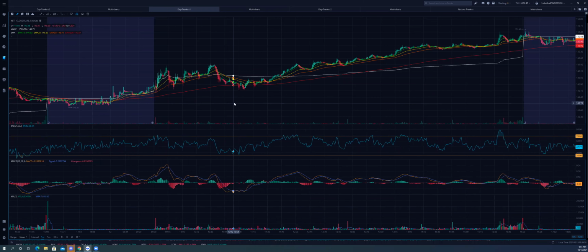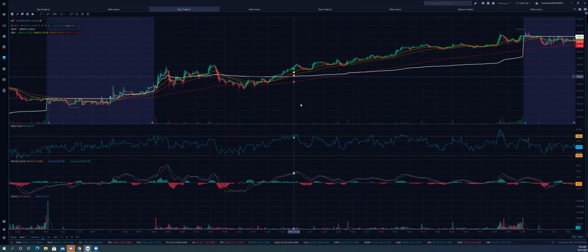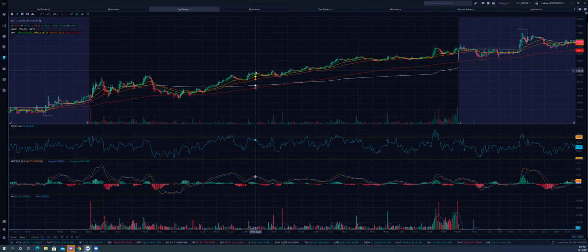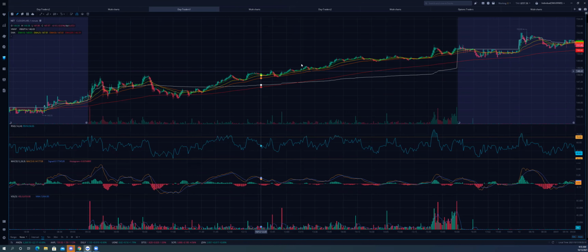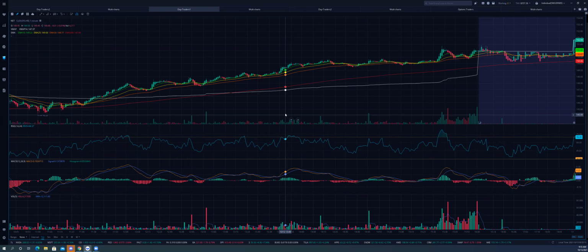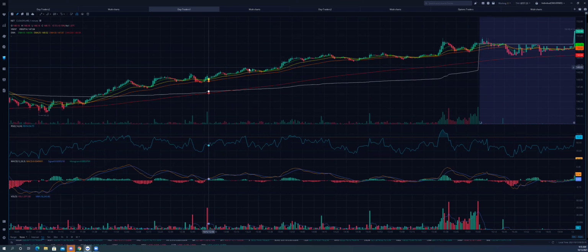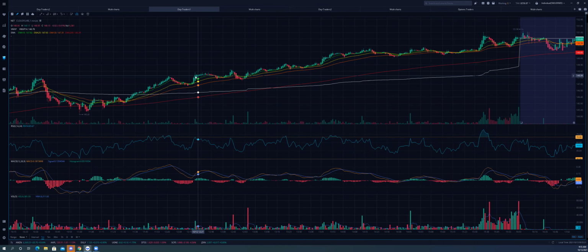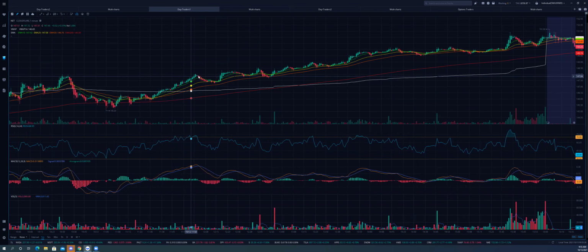I think we got in early in the morning, I believe it was right when it was close to 150. That's not where it was. I think it was midday. Yeah, it's midday. Okay, it's right here, on this pullback.